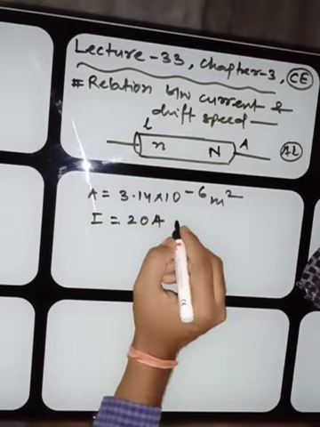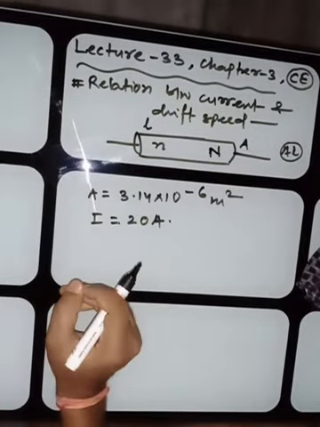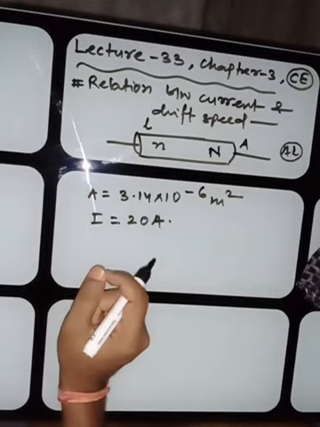You have to calculate the drift velocity of electron in the silver wire.